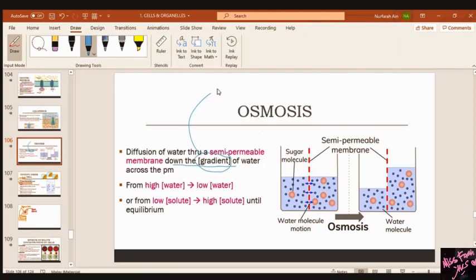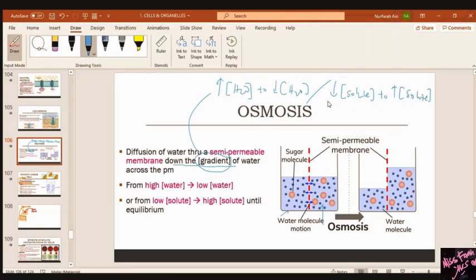One has higher concentration, the other has lower concentration. So the water will move from higher water concentration to lower water concentration, or you could say that water moves from lower solute concentration to the area that has higher solute concentration.